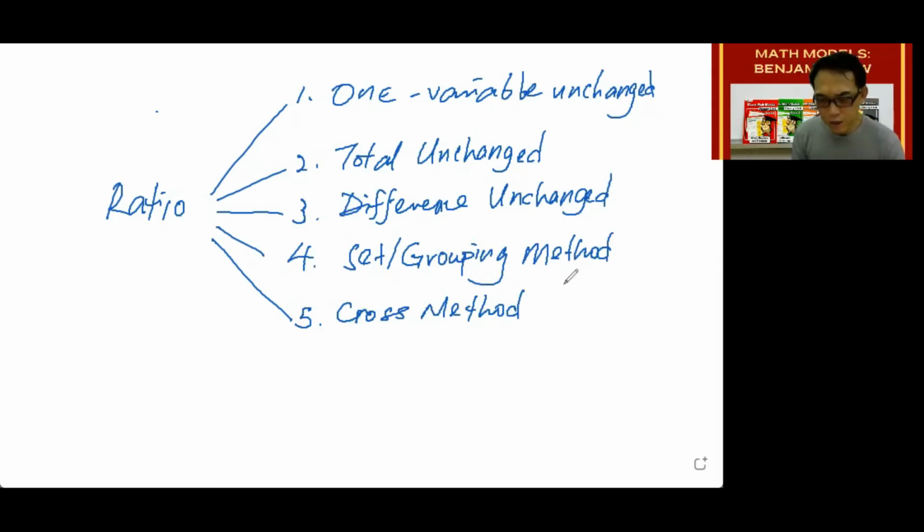But the first thing you need to know is how to differentiate one type of question from another. So in order to do that, I will now talk about the differences between each of them and how you can start to approach each of these types of questions. The first one is called the one variable unchanged question.